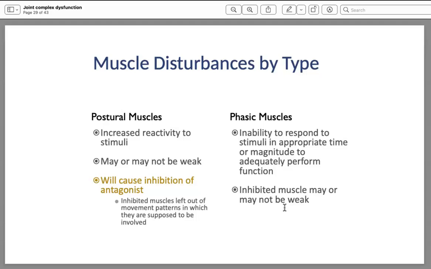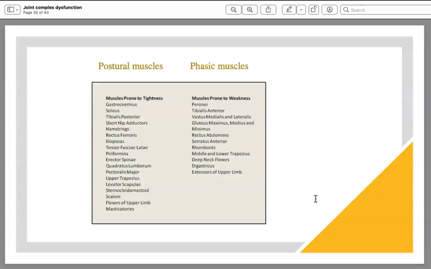Our phasic muscles might have an inability to respond to stimuli in appropriate time, so they have that increased threshold, and that inhibited muscle may or may not be weak. Weakness does not correlate to hypertonic or hypotonic muscles. We can have a hypotonic muscle that is perfectly fine in regards to strength. It's not common, but it can occur.